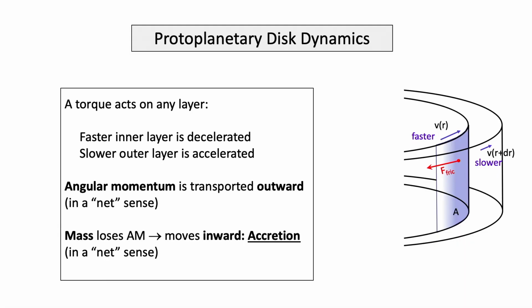What's indeed happening is that the frictional force here at the faster inner ring is against the velocity vector, so it tries to break. And that means that you transfer angular momentum here. You take angular momentum from the inner ring, which rotates rapidly, but you try to break it. And that angular momentum is taken away from the inner ring and transported to the next outer ring.